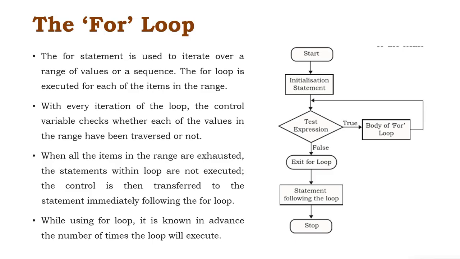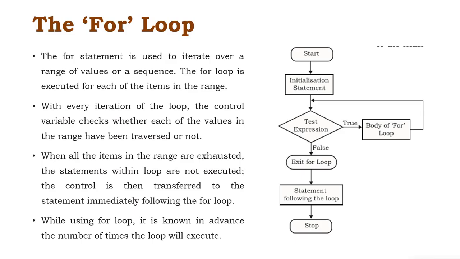A for loop, we in general use whenever we want to execute a statement a number of times. For example, if you want to print natural numbers from 1 to 10, in general you use a for loop. We use a loop when you want to repeat the execution of a statement more than once.